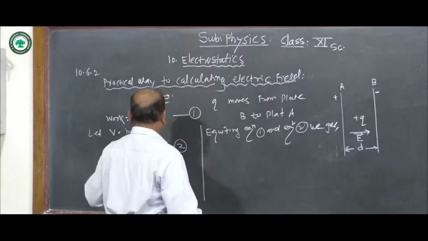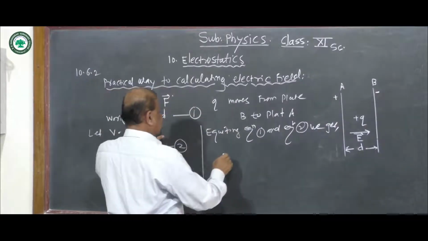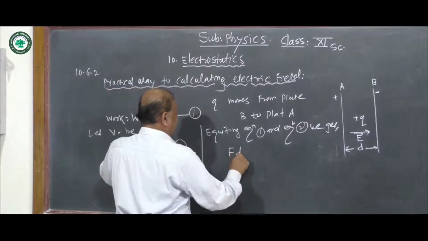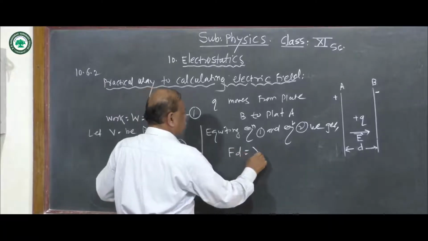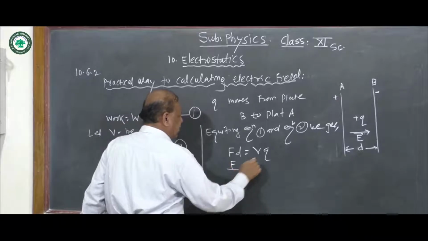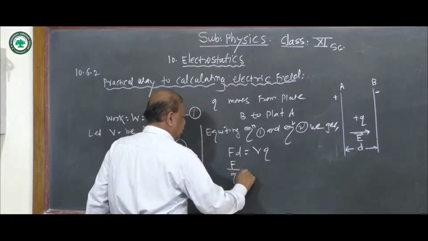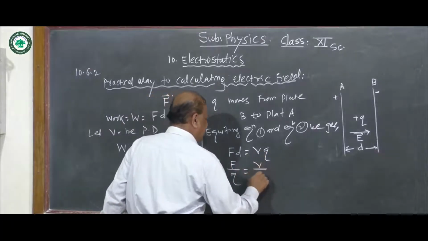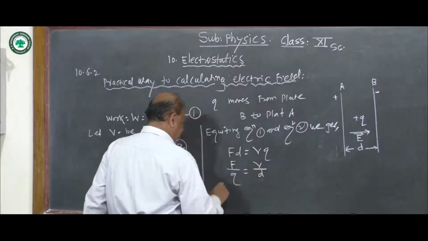we get F d is equal to phi into Q. Now F divided by Q is equal to phi divided by d.